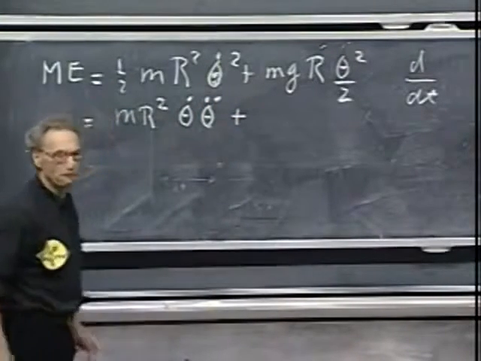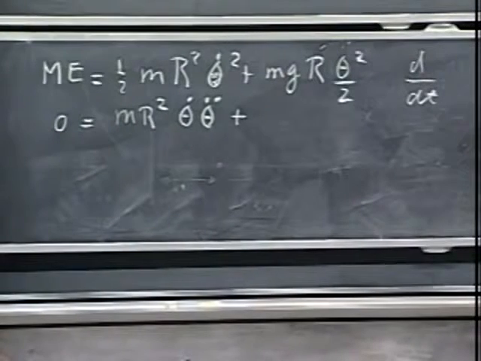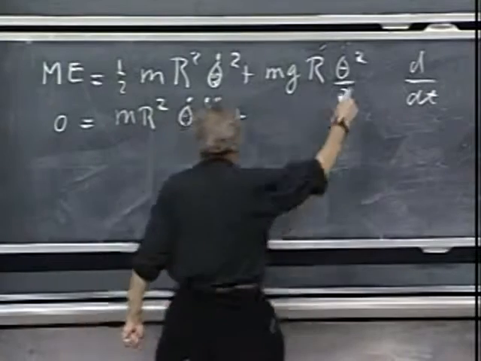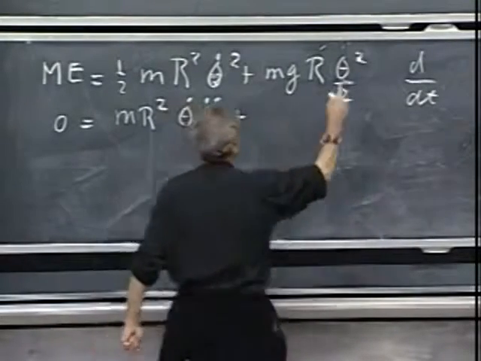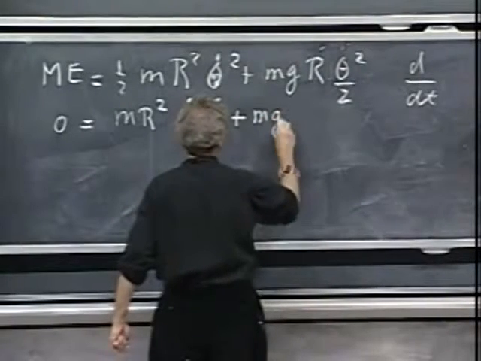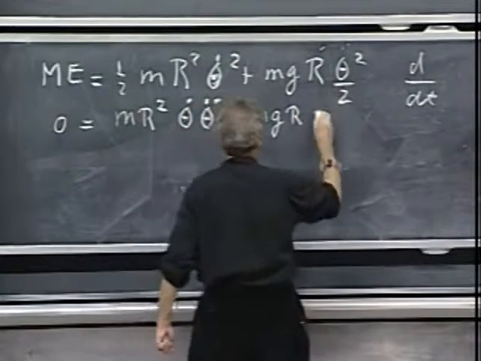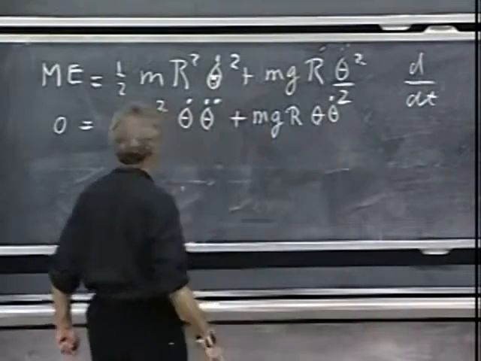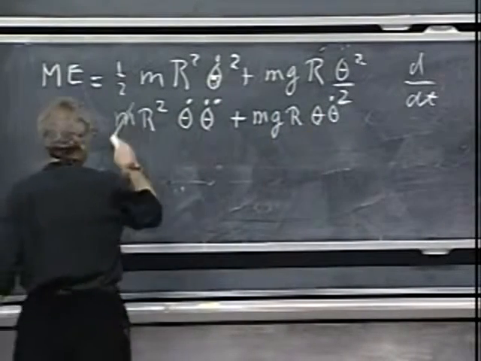Suits me? Anything wrong? I don't think so. Thank you. So I have to take the derivative of this one. The 2 flips out, which eats up this 2. So I get mgr, and then I get a theta, but the chain rule gives me a theta dot. I lose my m.